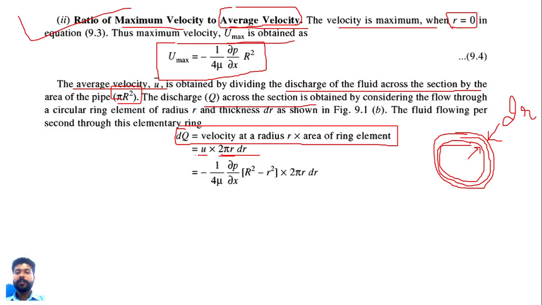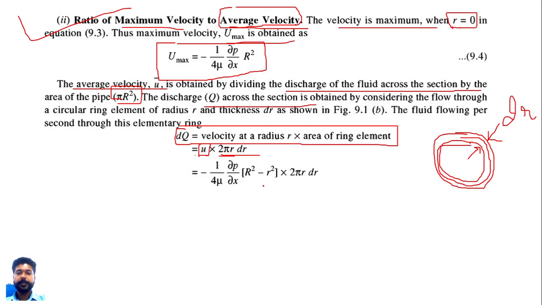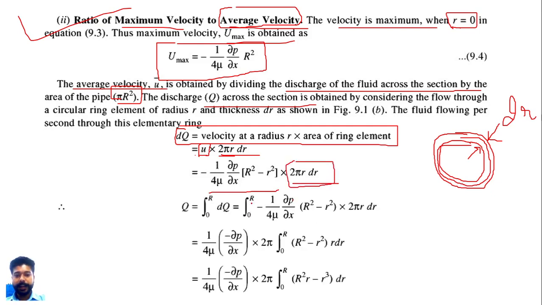Now put the value of velocity u in this equation, that is equal to minus 1 upon 4 mu del p upon del x, r square minus R square, from equation number 3. The remaining part is the area of the ring element, that is 2 pi r into dr. Now let us integrate to find the total discharge from the whole pipe.